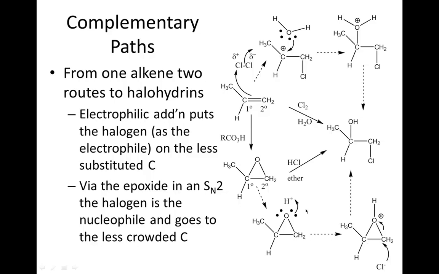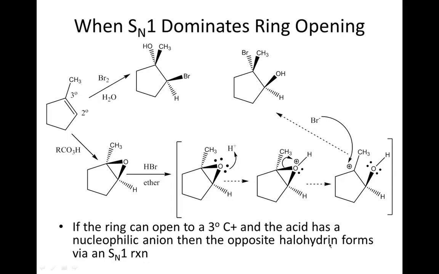So these are two different ways to get to the same molecule, because we're putting the chlorine onto the less crowded carbon. And that was an SN2 for that.